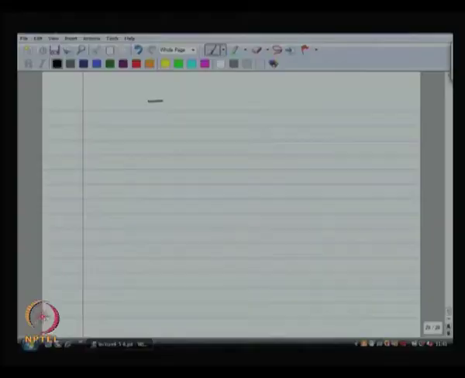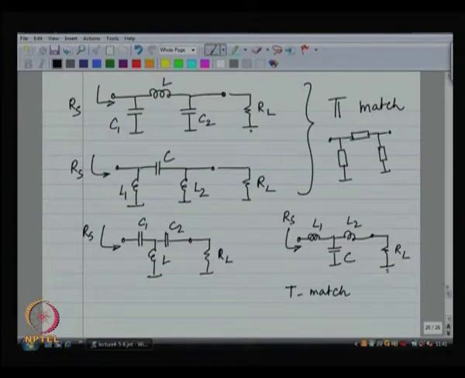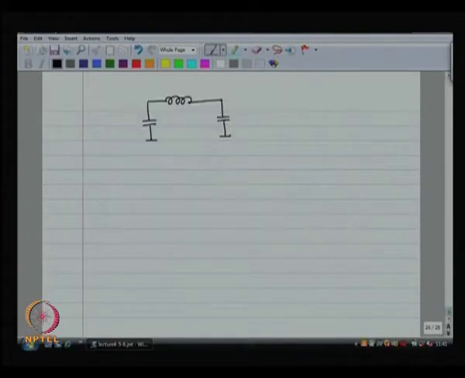All right. So, the pi match, let us consider this first. Between this and this, I prefer this one for reasons that you will find out soon.